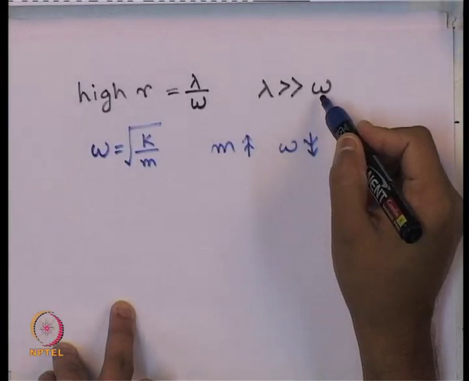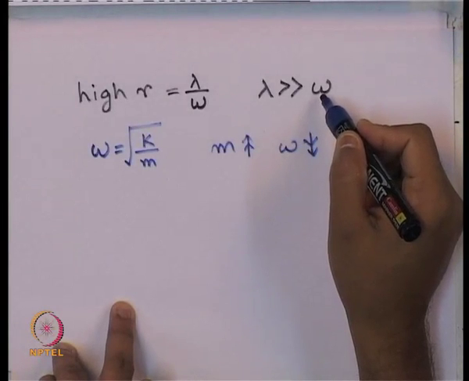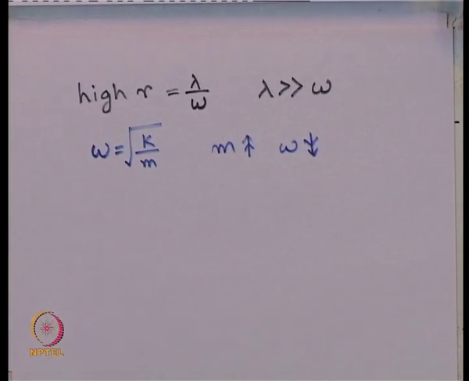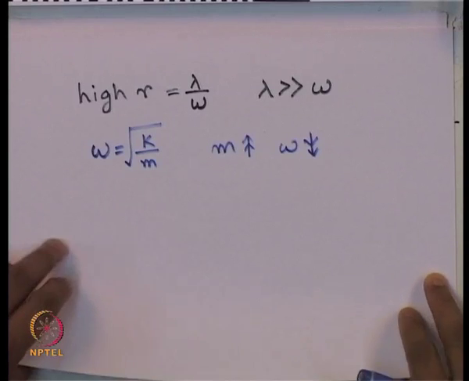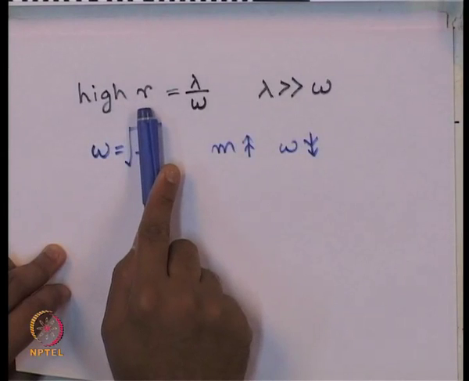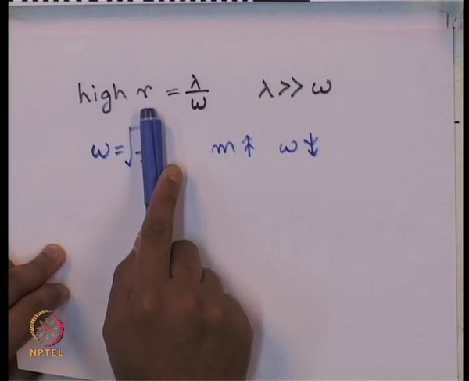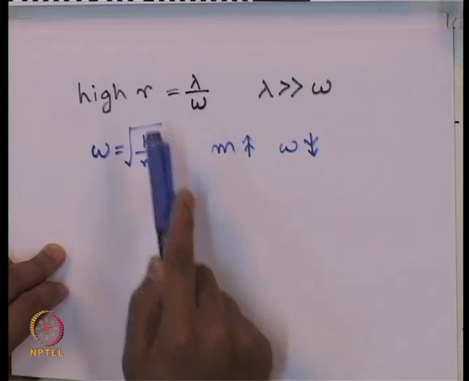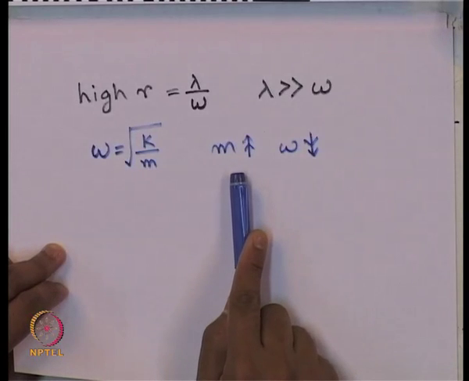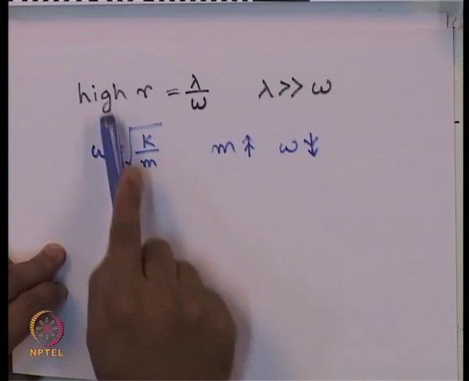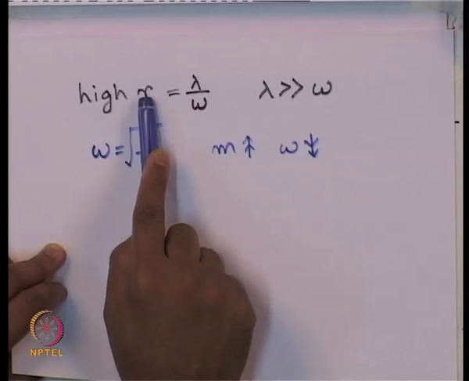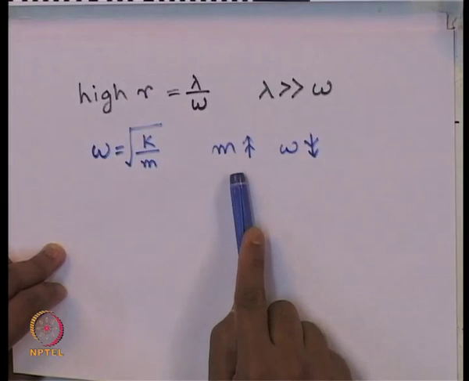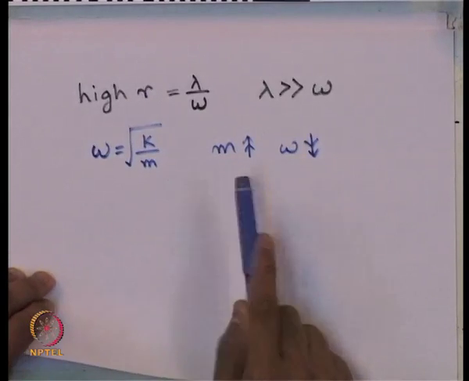That will give us finally this condition. So, we have now identified that a very high value of R can come from increasing the mass of the system. That means this region of very high value of R is dominated by the mass of the system very much.